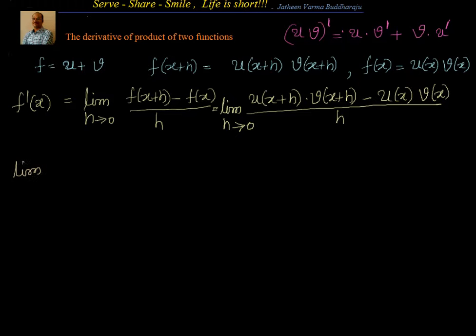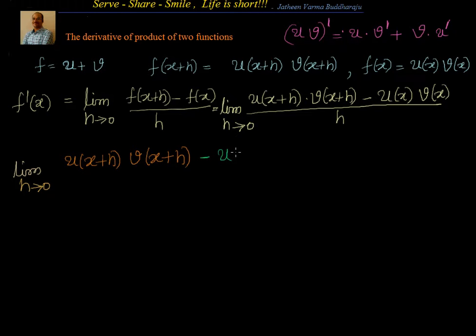I will write down limit of h tends to 0, u of x plus h into v of x plus h. Now here I will add and subtract one term.